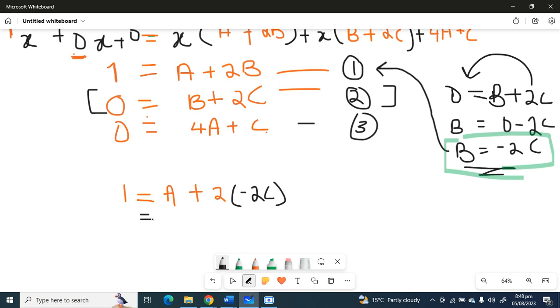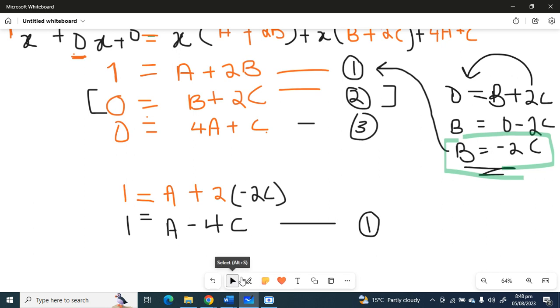So equation 1 now becomes 1 equals A, 2 times negative 2, that's negative 4, so A minus 4c. That is equation 1 now, after we've adjusted it.